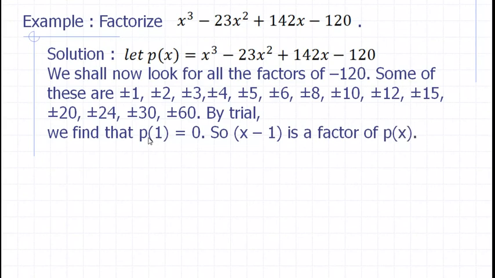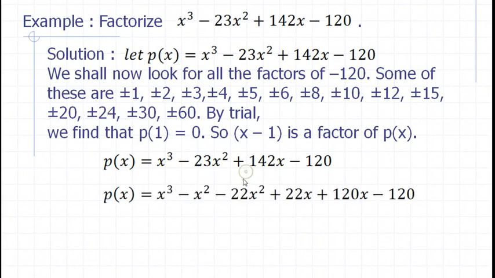Therefore x is equals to 1, it means x minus 1 is a factor of this polynomial. So now your original polynomial p of x is x cube minus 23x square plus 142x minus 120.